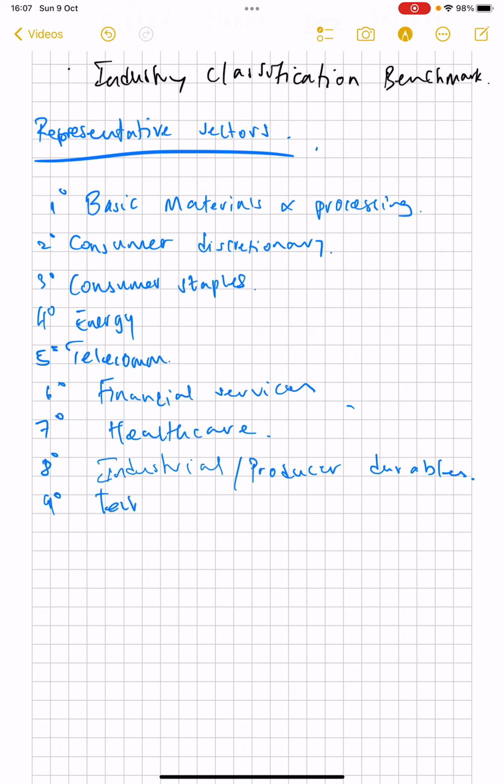Ninth is technology: computers, software, semiconductors, electronic entertainment, internet services, technology and consulting services. And then you can have utilities: electric, gas utilities, and very often in some countries the telecommunications sector actually comes in the utilities sector.